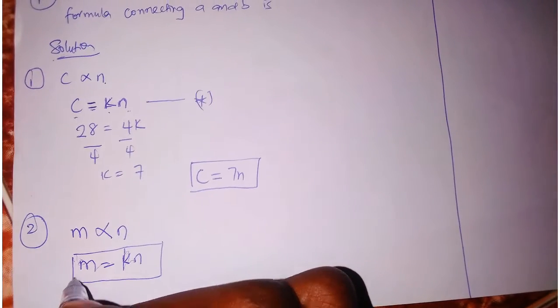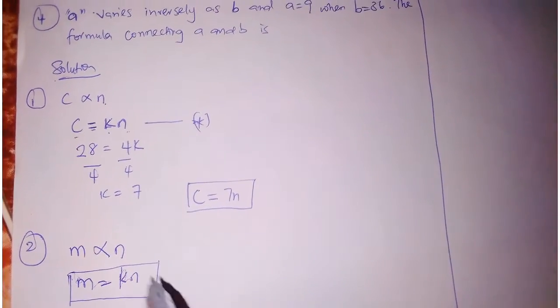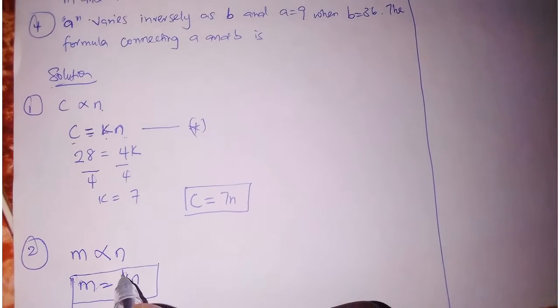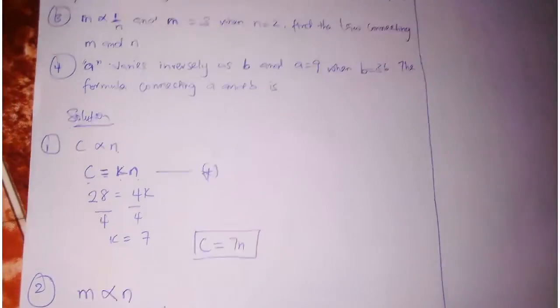They're trying to see we should find the relationship between M and N in this case, where K is K, because M and N were not given a value in the question.